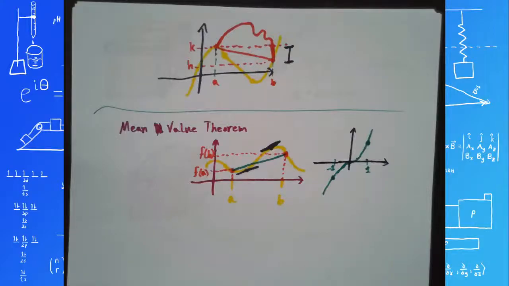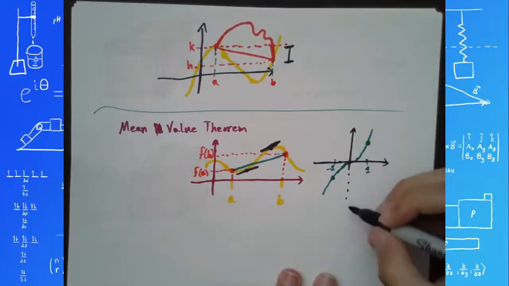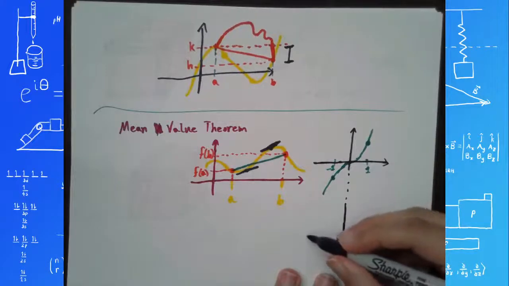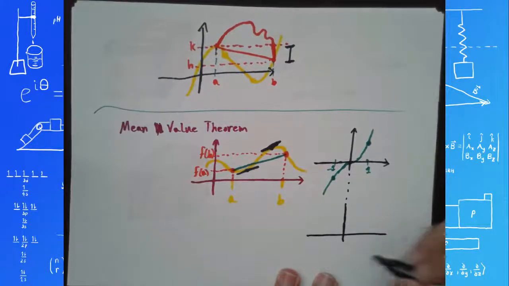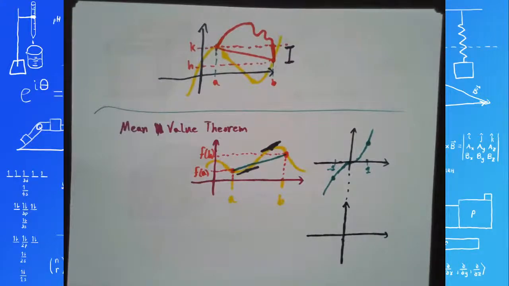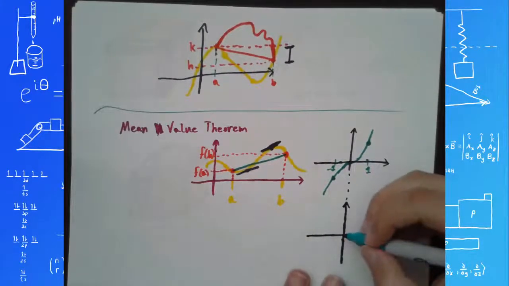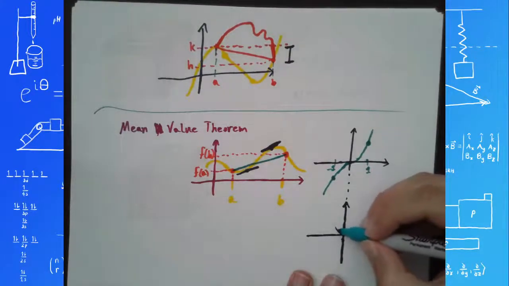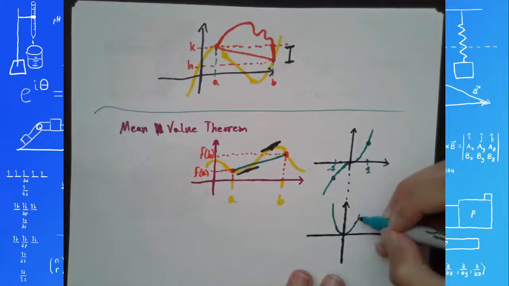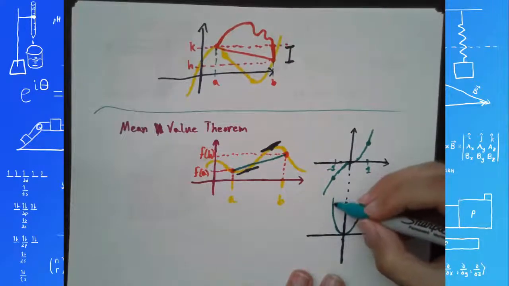Then the graph of its derivative would be the graph of 3x squared. Let's see if I can draw it lined up with this. So the graph of 3x squared would end up looking something like that.